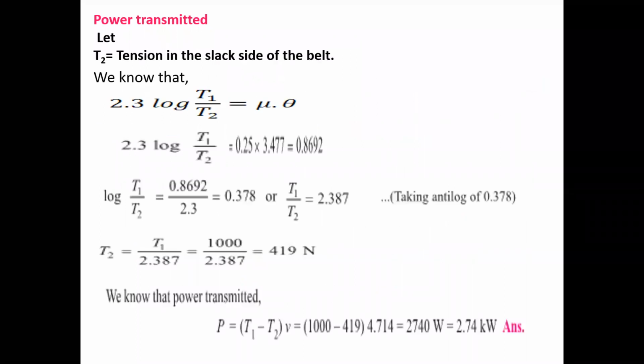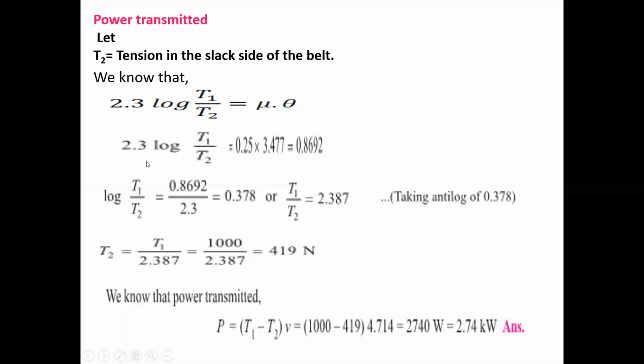Now let us see the power transmitted. Before finding the power transmitted, we have to find the T2 value. For getting T2, there is a relation: 2.3 into log of T1 by T2 equals mu theta.